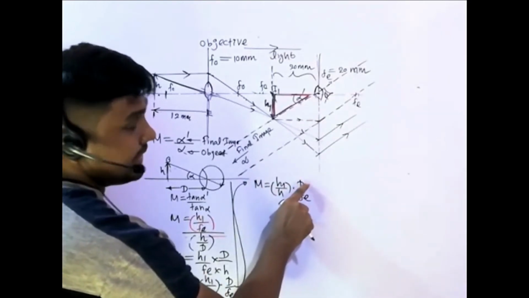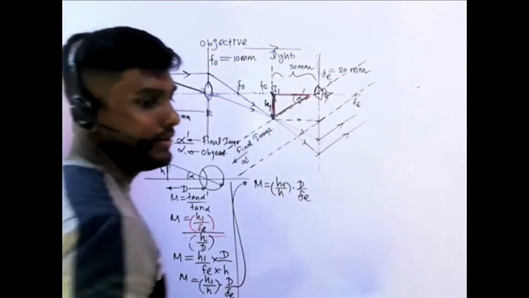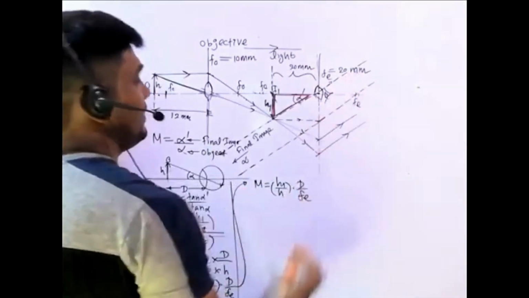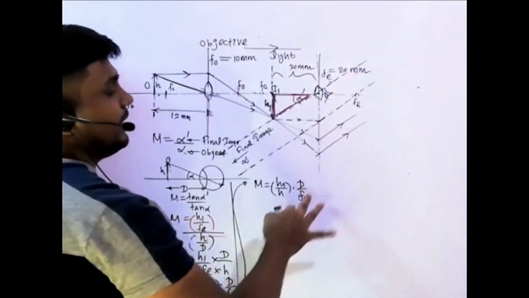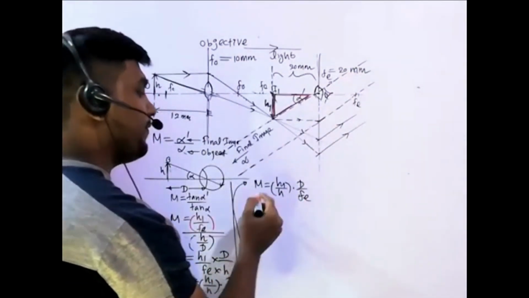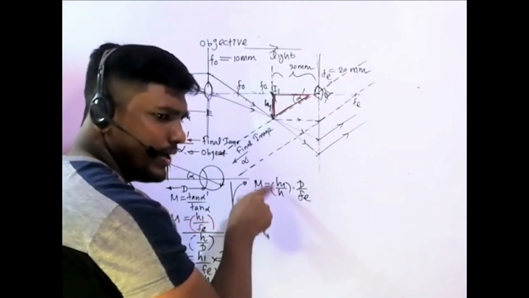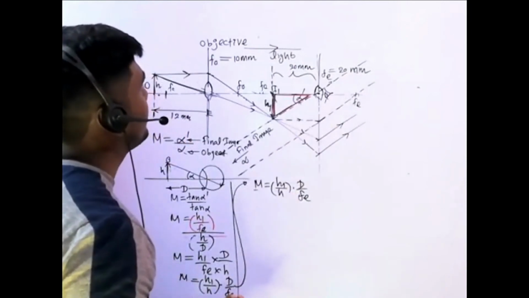I know D is 25 centimeters because D is the near point, and FE is 20 millimeters. Now, to find the angular magnification, if we can find the ratio of H1 to H, the problem is solved.